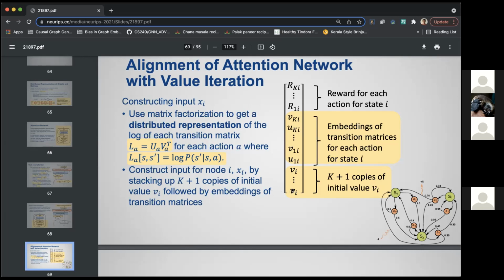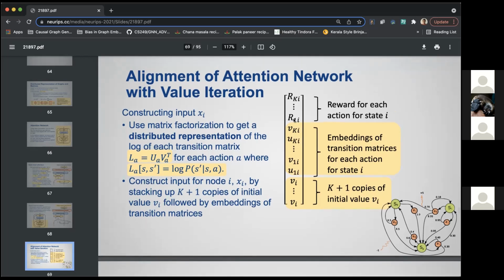To construct the input for a node i, we're going to stack up k+1 copies of the initial value v_i. Then we're going to store the embeddings of the transition matrices for each action, for each state i here. And we're also going to put the rewards for each action for each state i here.